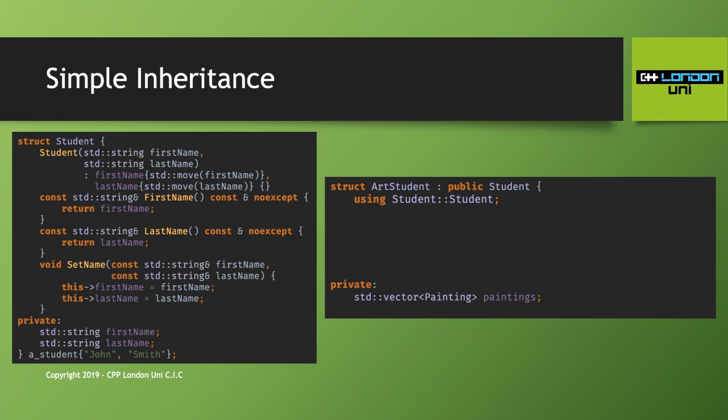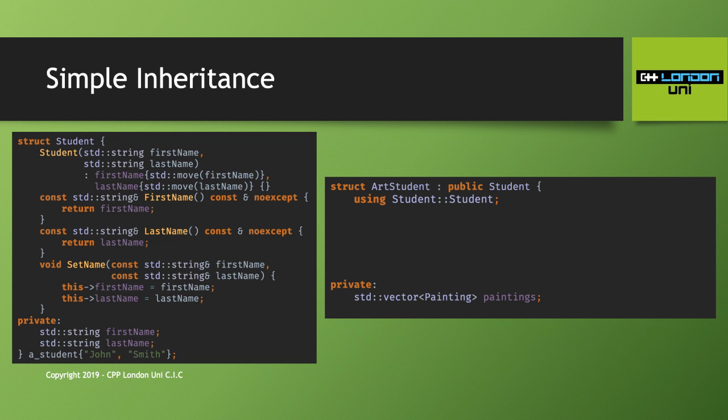So this is a language keyword. Again, it's a special C++ keyword, and we're saying we want to use the constructors that are defined in student. We don't need to do this, and you in fact can't do this for first name and last name. It's not necessary. These are public, so these are automatically visible. Constructors are special.